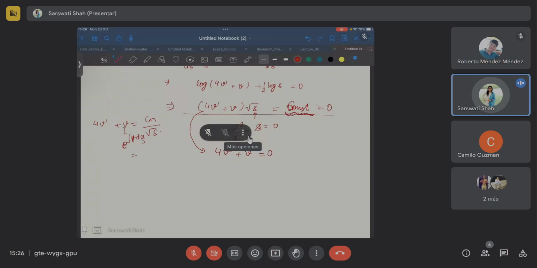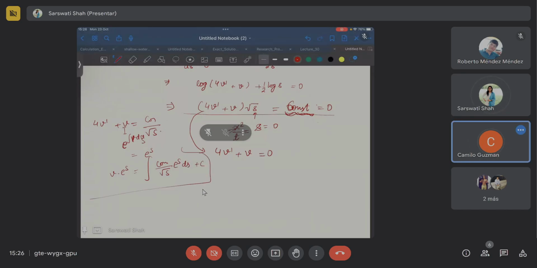So e to the power s, and then the solution will be v e to the power s equals the integration of cos of square root s e to the power s ds plus c, isn't it? I think that you need to divide by 4 before making the integrating factor. Yeah, I got it.